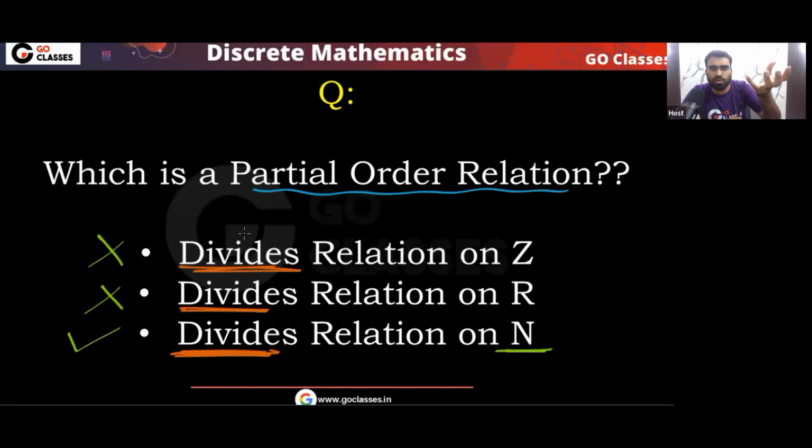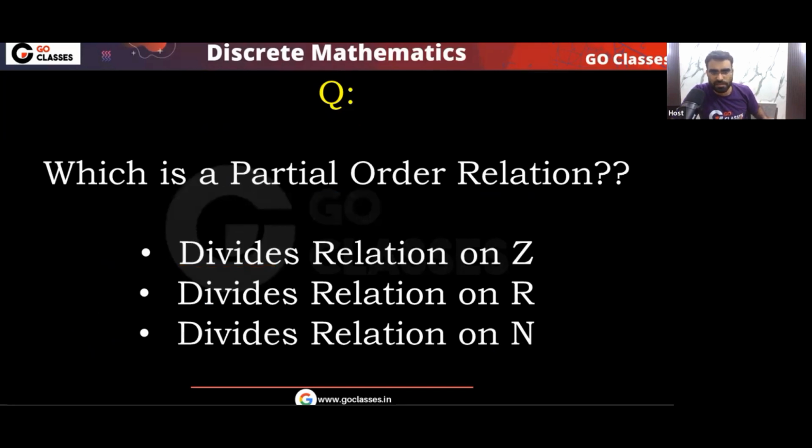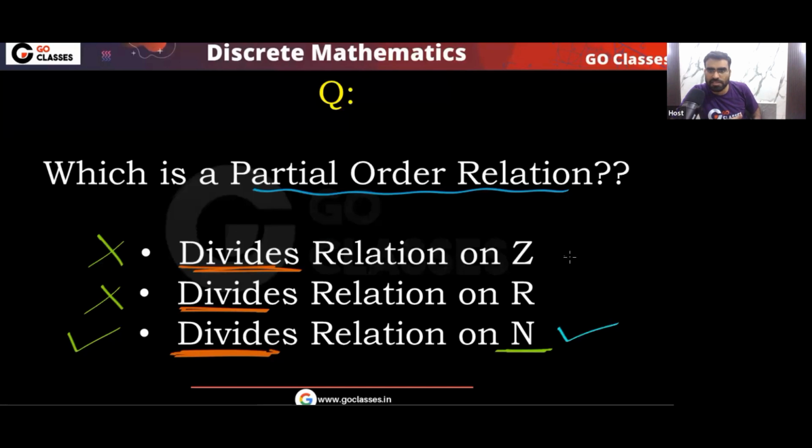Less than equal to and greater than equal to are partial order relations. Similarly, subset and superset are always partial order relations as long as your base set is a collection of sets. But for this divides relation, you should take care what the base set is. Is this point clear? Please tell me. So you can see this is correct and these are not correct.